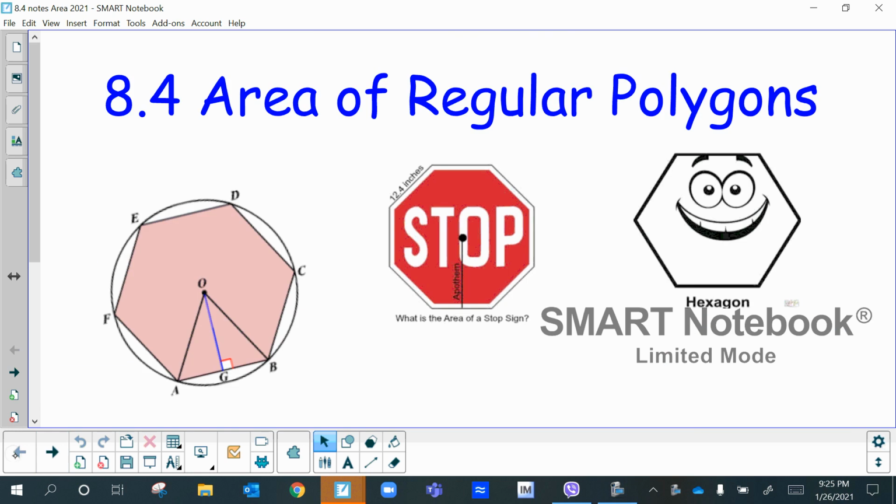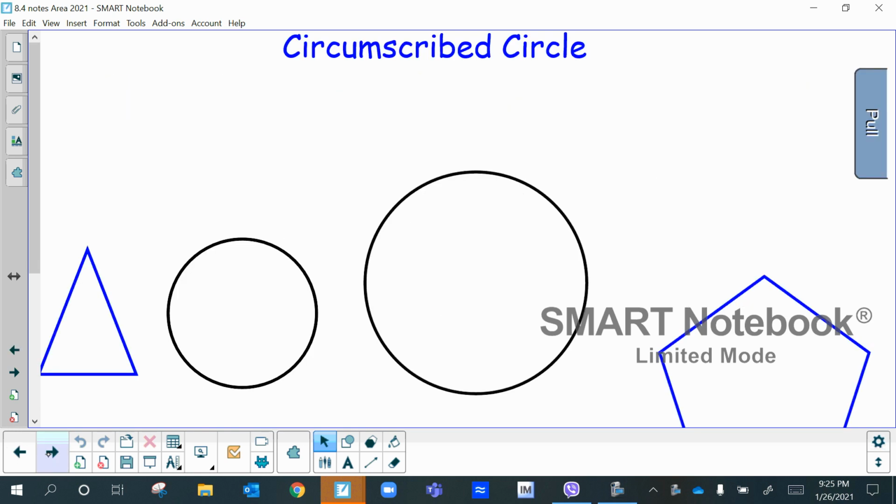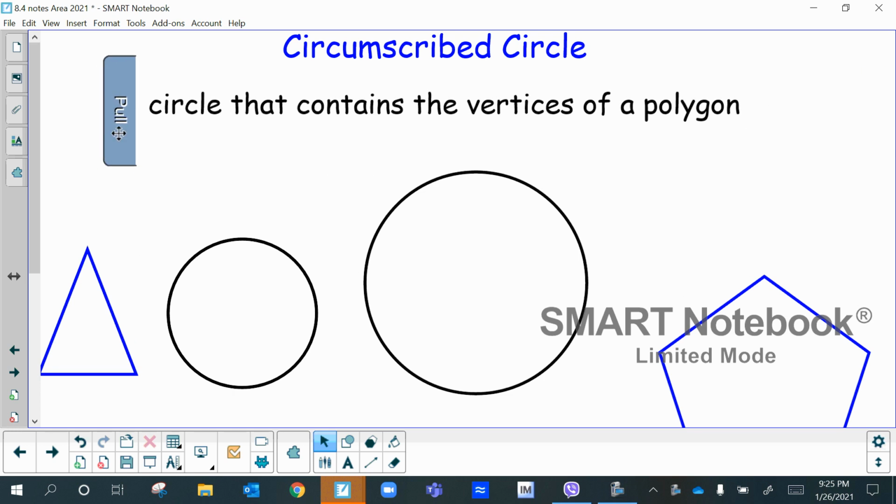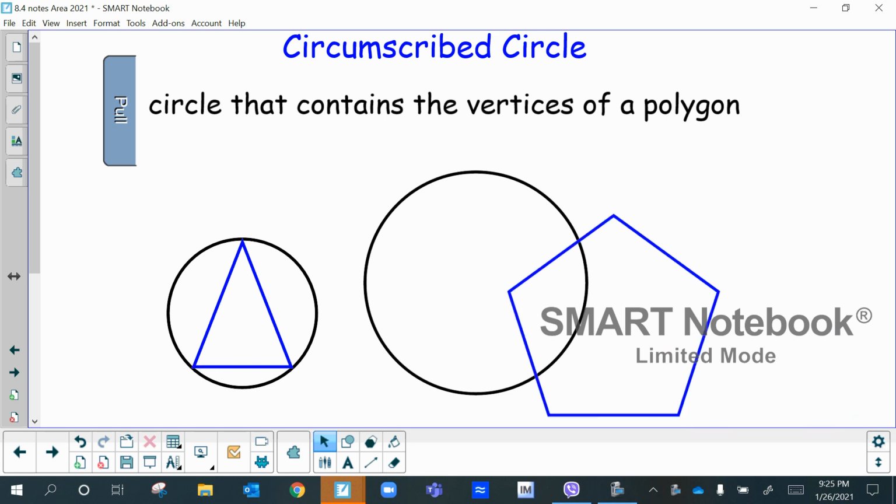First term that I want to define is a circumscribed circle. This is going to be a circle that contains the vertices of a polygon. So right here, if you look at this triangle, all three vertices are contained on the circle. So therefore, that's a circumscribed circle.